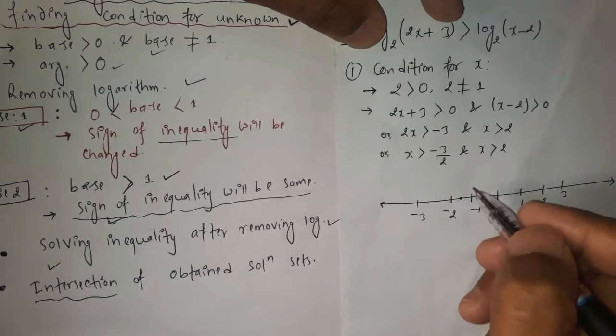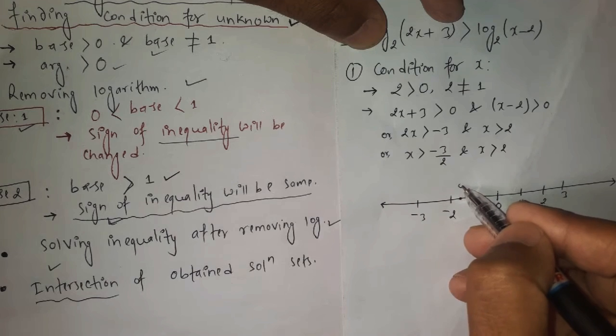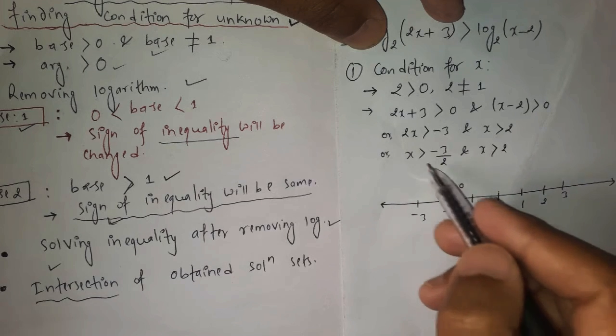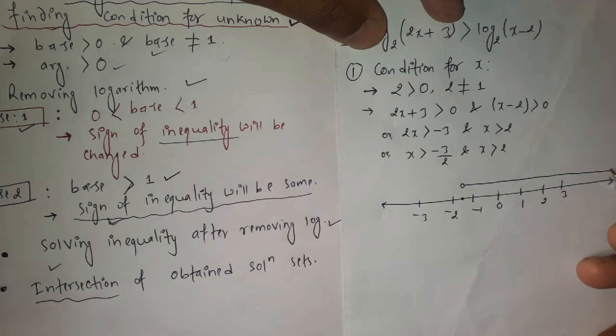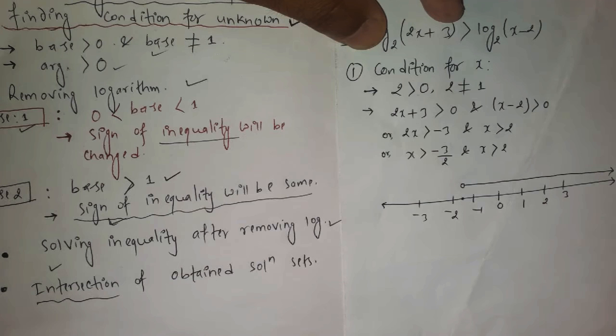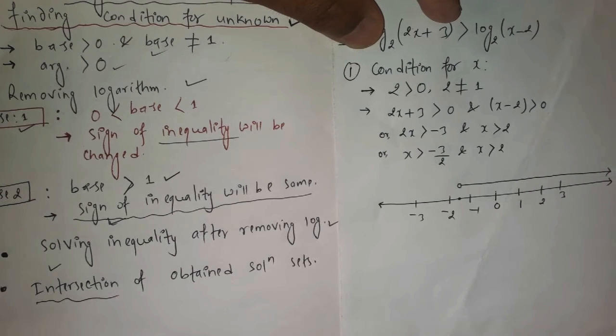It is not included, and the greater than part is always on the right hand side. This is for x greater than negative 3 over 2. Here we plotted the first inequality on the number line.